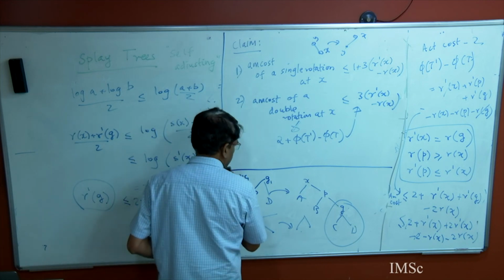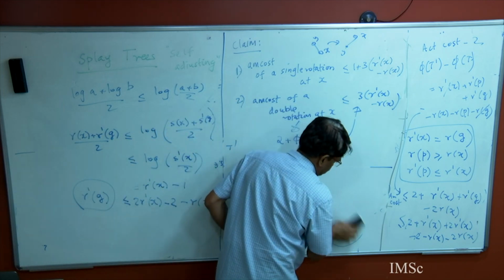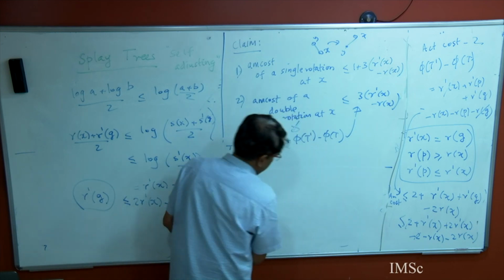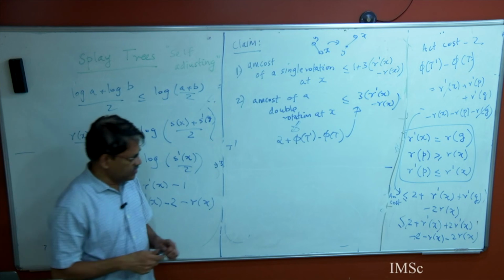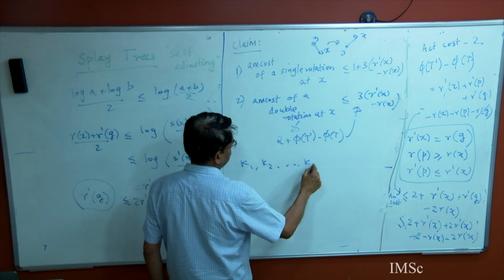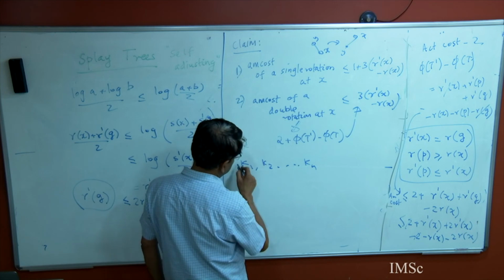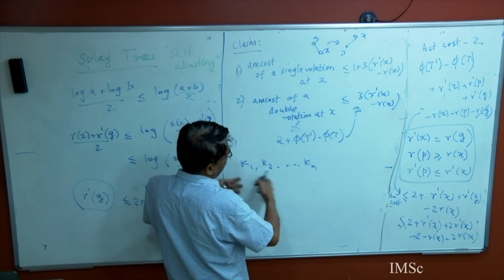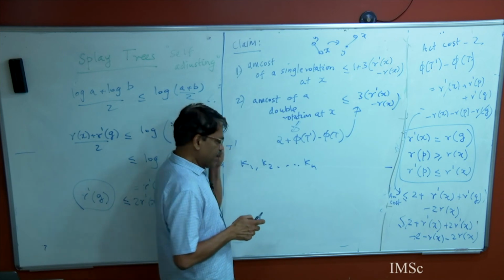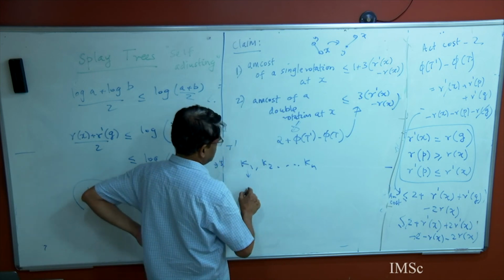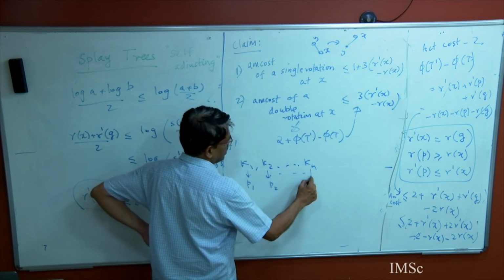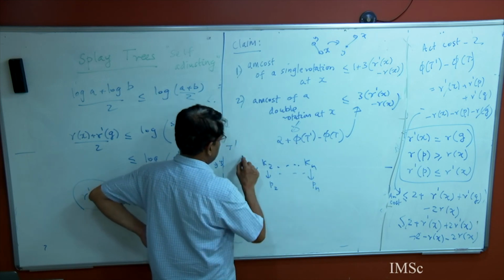Now, suppose I have some keys, and I have to build a search tree, but I tell you that K1 is searched P1 times, K2 is searched P2 times, and Kn is searched Pn times.